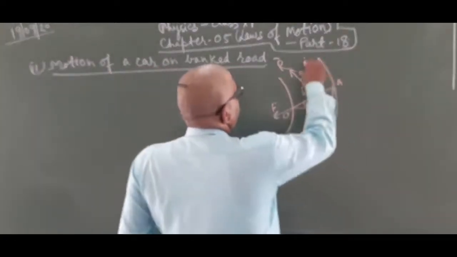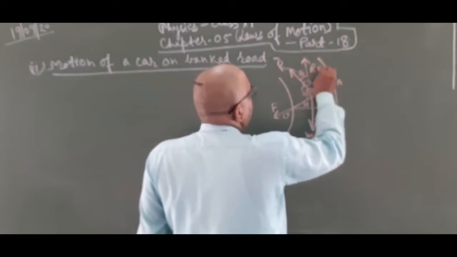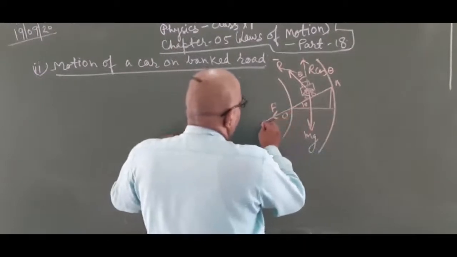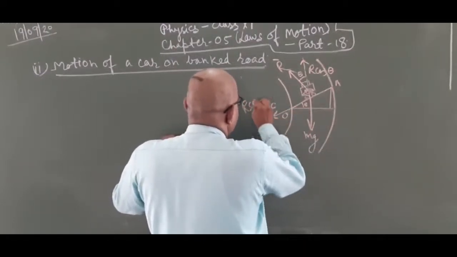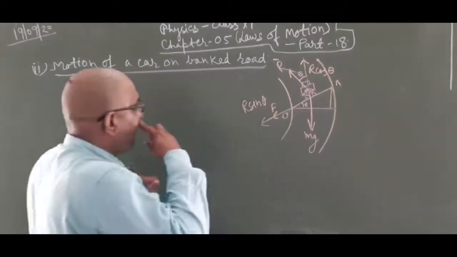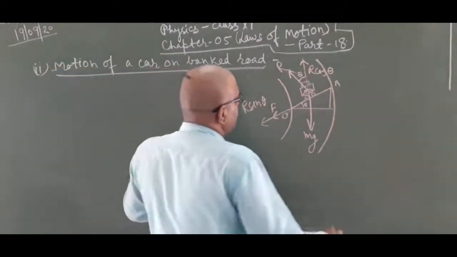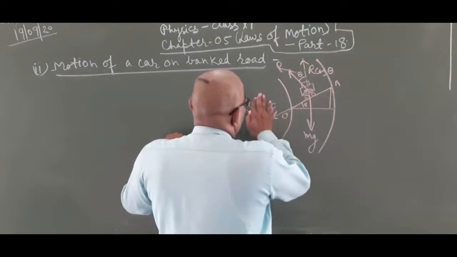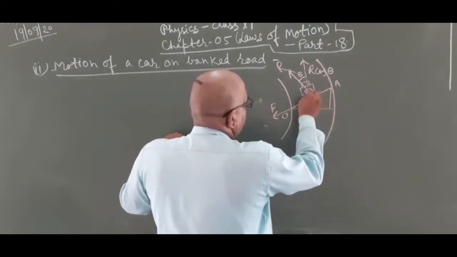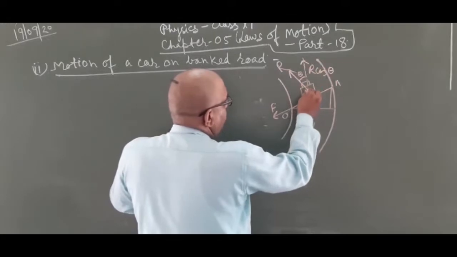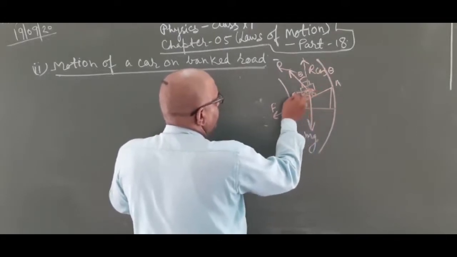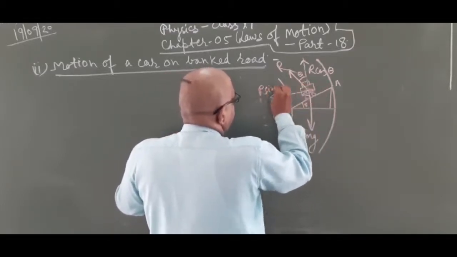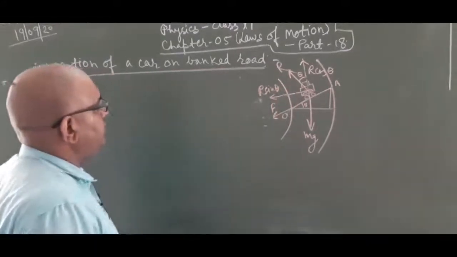This component of the normal reaction becomes R cos theta, and the other component of the normal reaction is R sin theta. Suppose this is the frictional force F, and this is the horizontal component. So this component is R cos theta, and this component is R sin theta.